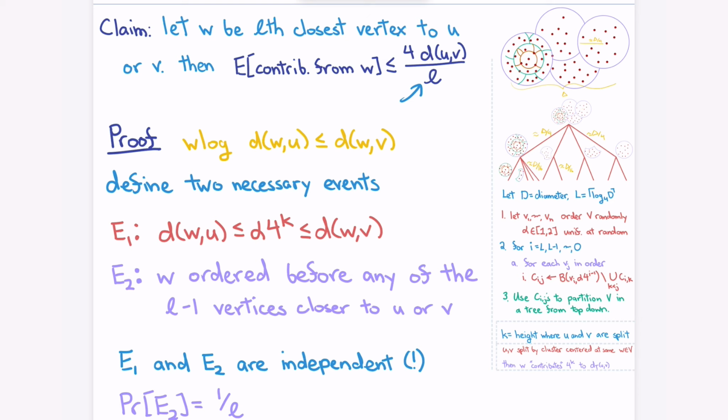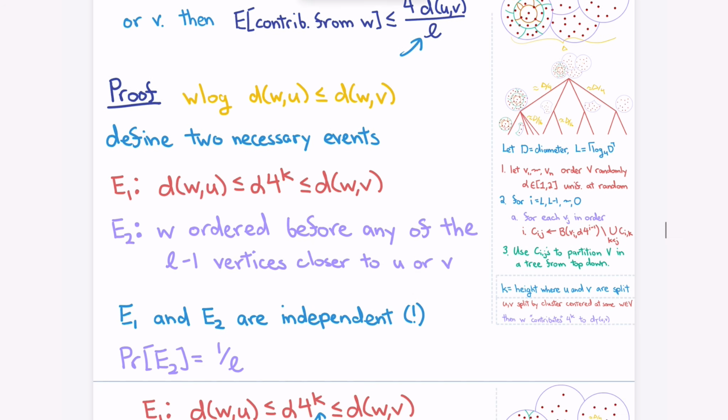So if the eighth closest vertex, and W was the tenth, was ordered before in that random permutation at the beginning, then W would always lose to this vertex. Yes, this is the part where only one vertex gets to split them up. So these are two necessary events, not sufficient.